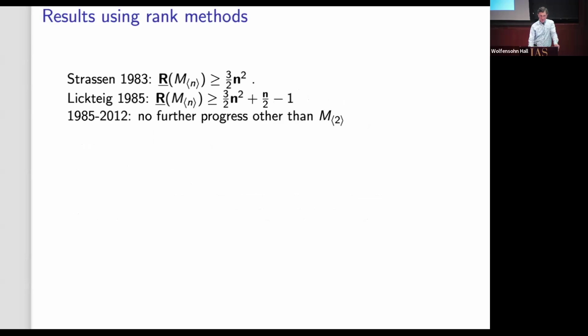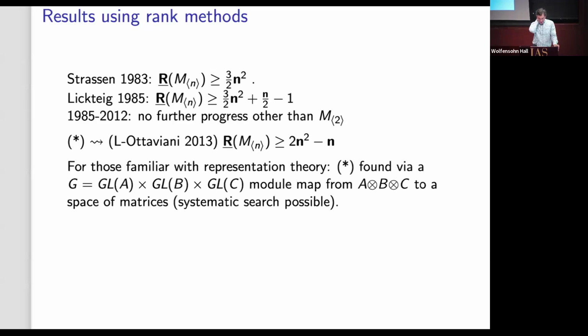And then nothing happened for almost 20 years. And then with this embedding we used, we went from 3/2 to 2. And that was, and still is, considered an accomplishment. So let me explain how we found it, because we didn't just scratch our heads and look for stuff.